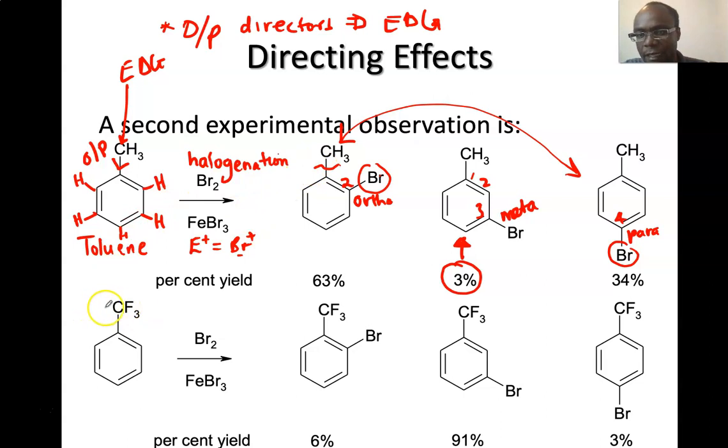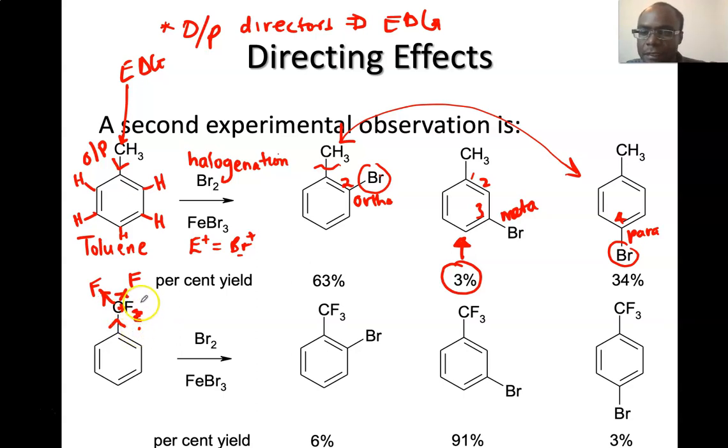Now, in another case where you have CF3, for example, you're replacing the 3 hydrogens with 3 fluorines. Let me clearly just draw the fluorines so you'll see them. Let me get rid of the 3. Fluorines are the most electron withdrawing elements, so they'll pull electrons out, and they're pulling through the bond.